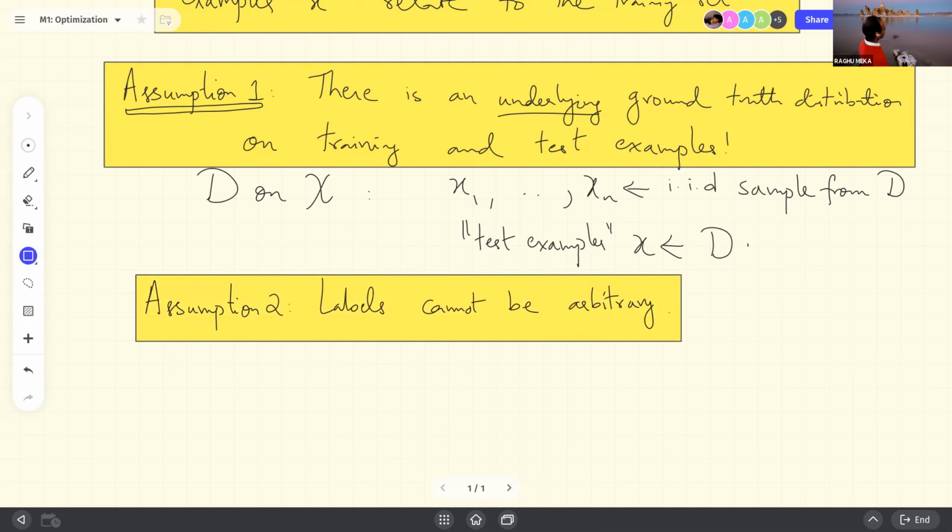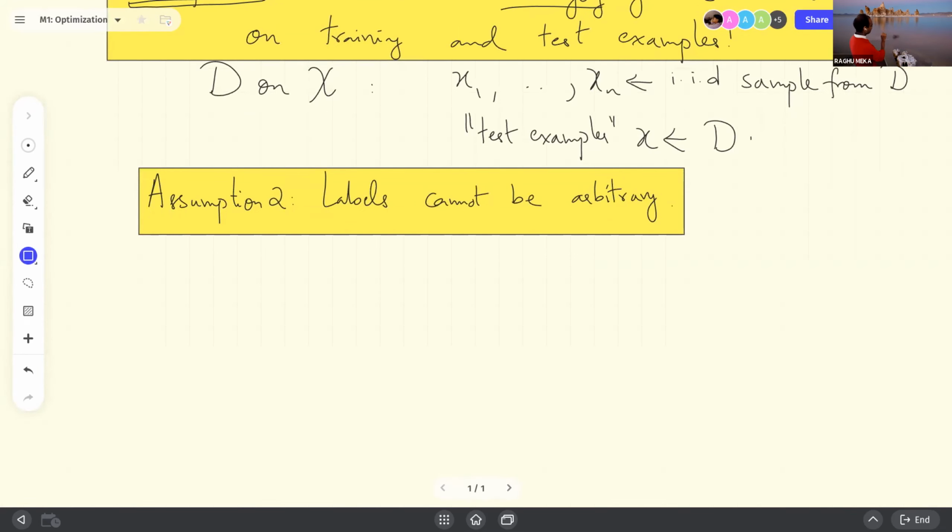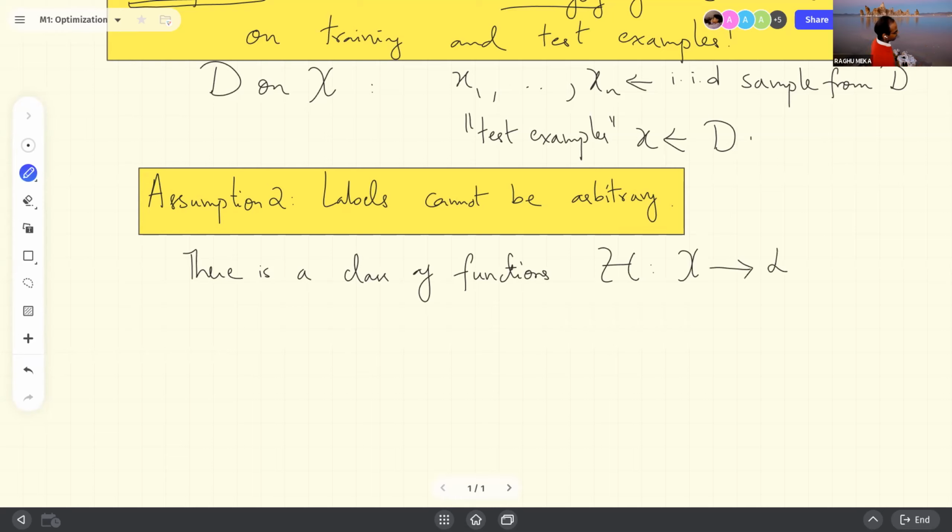The way this is quantified is that there is a class of functions, or hypothesis class, which maps from the domain to the label set. This is not a single function, it's a class of functions, right?